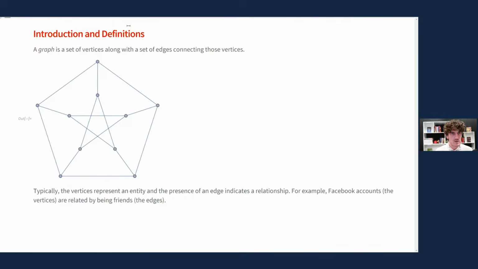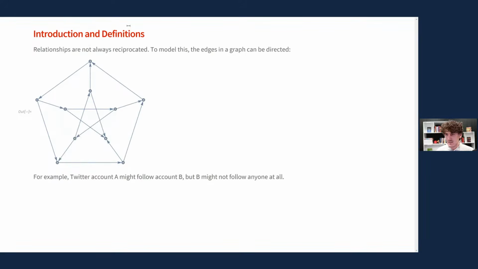The next definition is a directed graph. This is what you get when relationships are not necessarily reciprocated. You need to indicate this by a directed edge on the graph. So the arrow here is pointing from this vertex to this vertex. A real-world example for this is that Twitter account A might follow Twitter account B, but B may not follow A. B might not follow anyone at all.